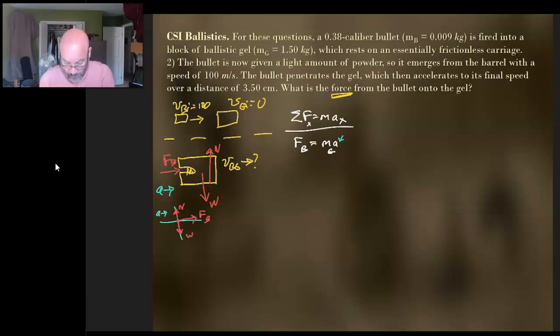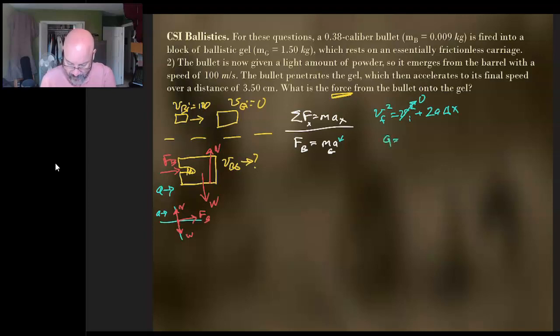Okay. What I'm trying to get to is we're going to use Bumblebee. V final squared is V initial squared plus 2a delta x. Okay. Now the initial velocity for the gel is 0. Okay. And what I want to do is find the acceleration.